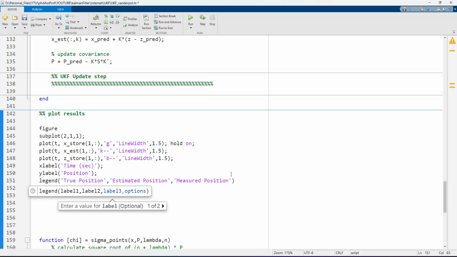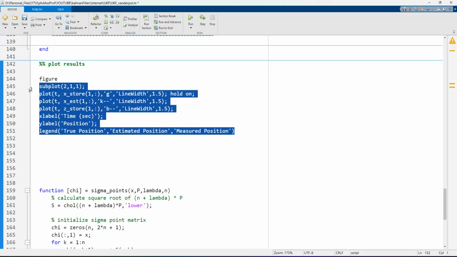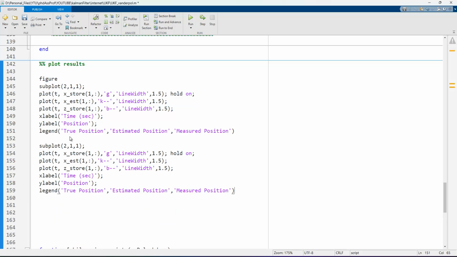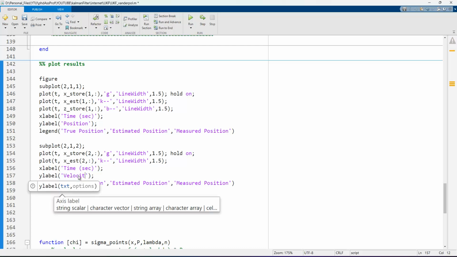Okay. So just like this one, we need to give the second subplot in here related to the what? The velocity values. Green, okay, x, and so we don't have any z store in here, just like this one, and so this is the velocity value. Okay.